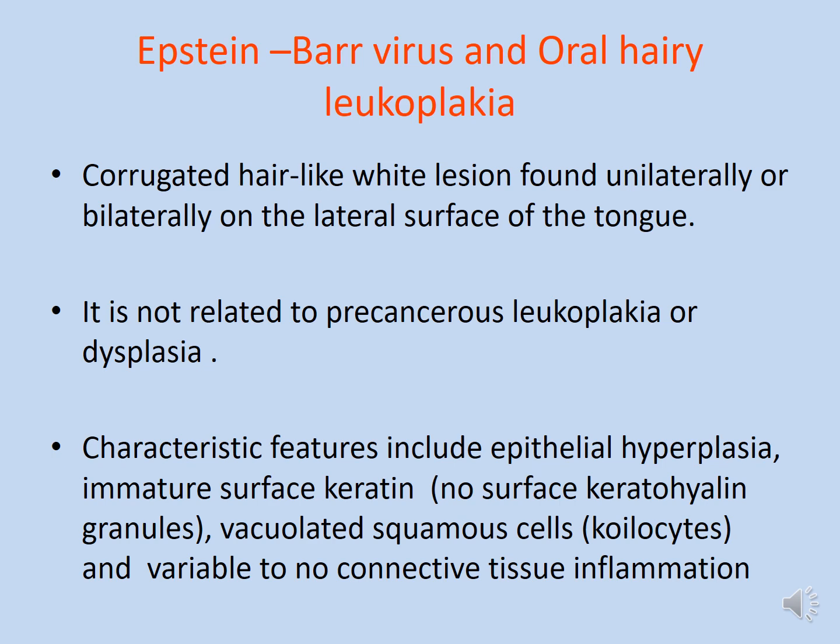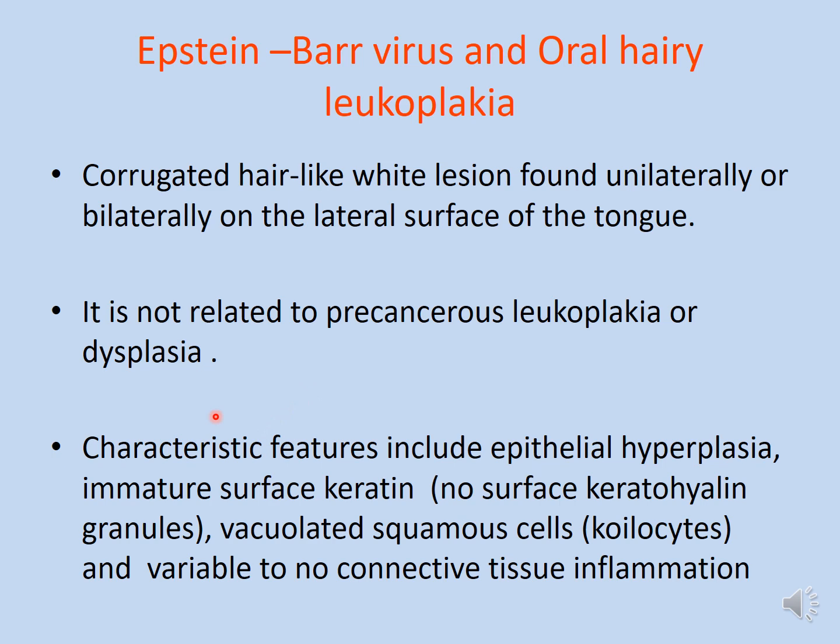Okay, so the next condition which is common in HIV is oral hairy leukoplakia. As I told you, it is caused by Epstein-Barr virus. So basically, you see corrugated hair-like white lesions that are found unilaterally or bilaterally on the lateral surface of the tongue. It is not related to cancer, precancer, or dysplasia.